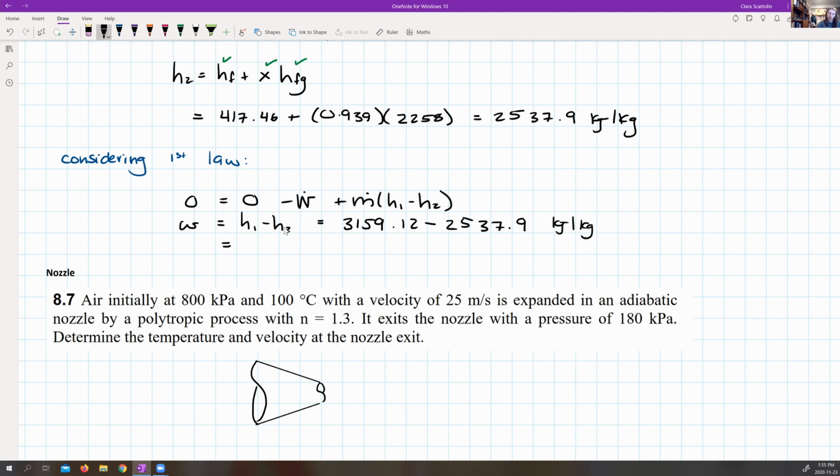That gives me a work of 621.09 kilojoules per kilogram, which is what we would expect, right? And we also expect the value to be positive, which is the case, because the turbine is doing work. It is extracting it from the steam. So we would expect a value greater than 0, which is the case.